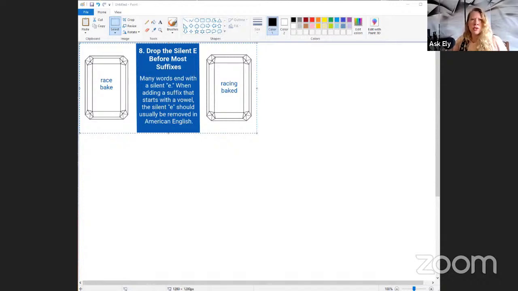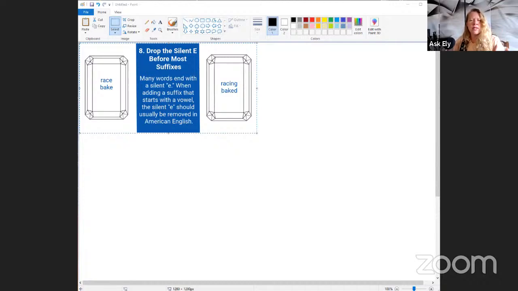Number 8 is drop the silent E before most suffixes. But before we talk about this, we should talk about suffixes and prefixes.